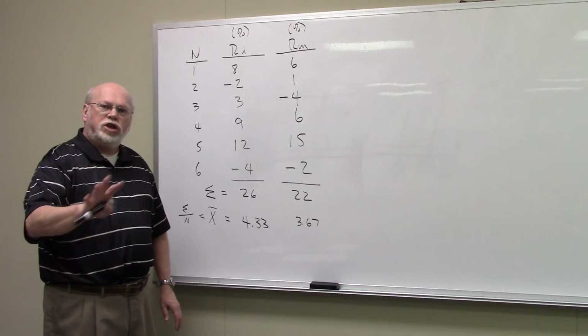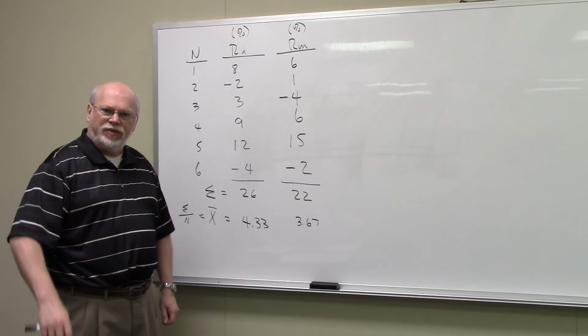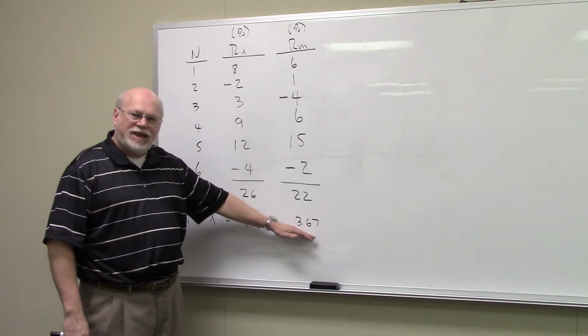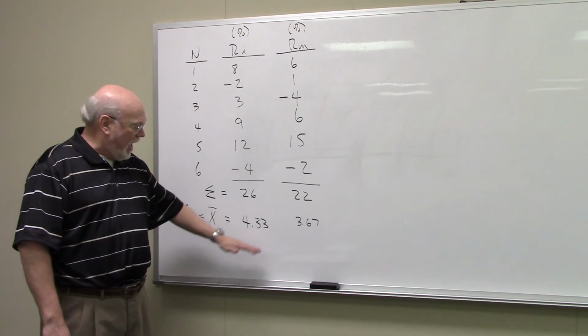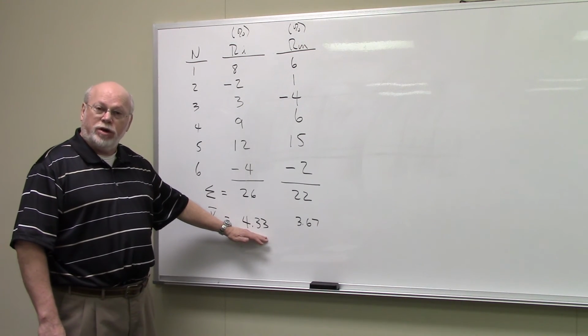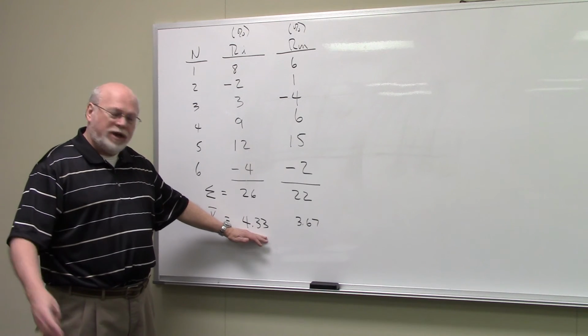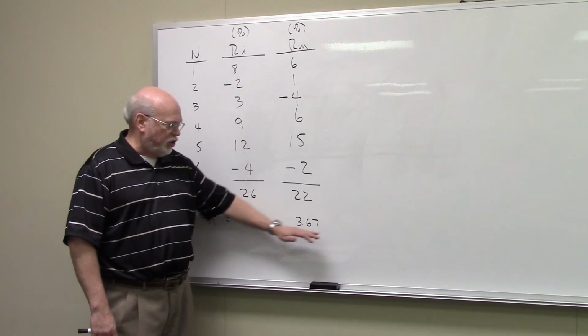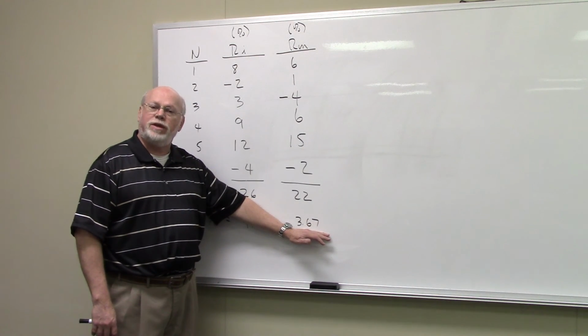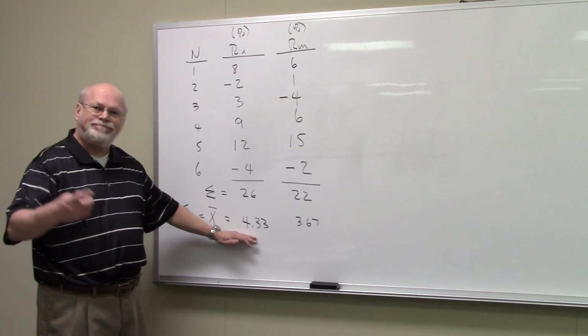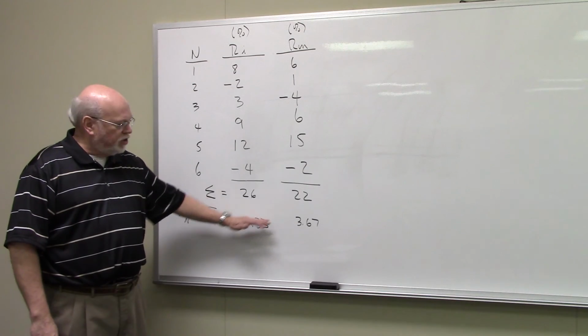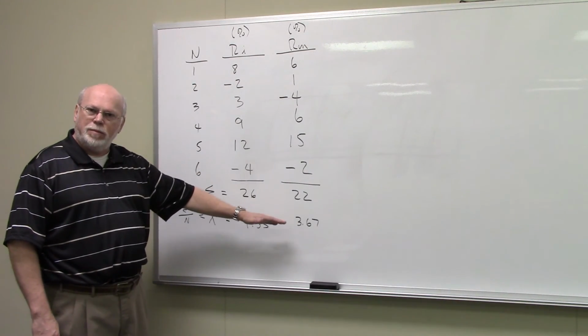Now, just as a statistical thing, if you asked me which one of these assets I think is the riskier asset, I would tell you this one, the return of the security, simply because its mean return is greater than the mean return for the market. What's the price of greater return? Greater risk. So this is how you calculate the mean.